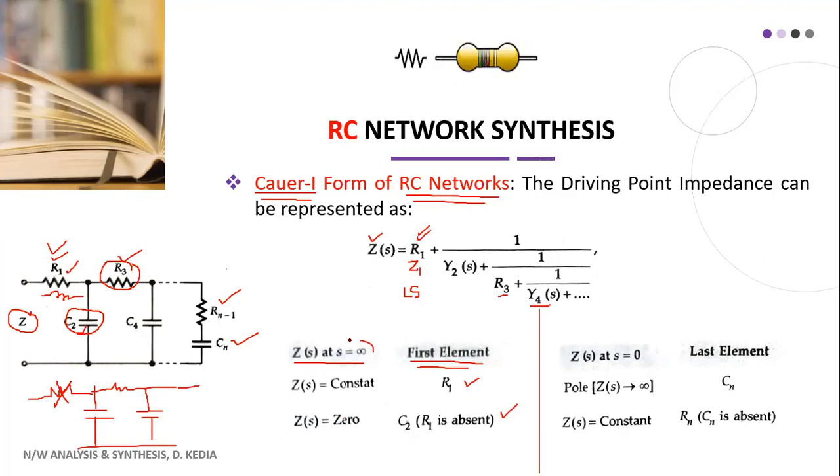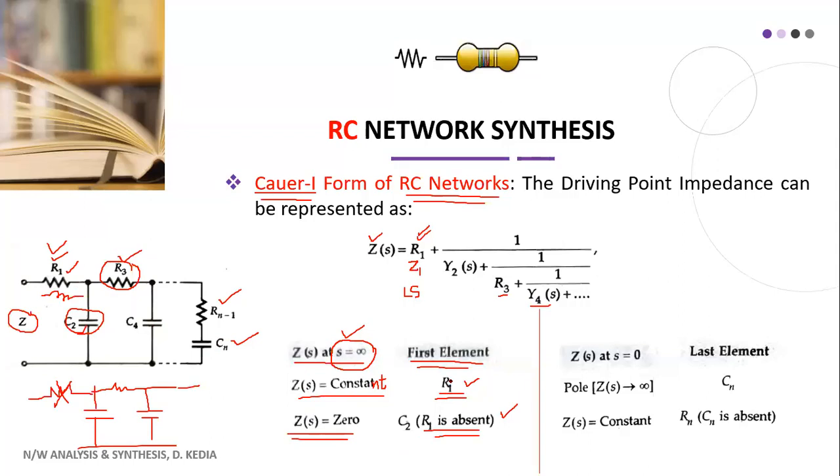Yesterday I told you the procedure. We have to substitute s equal to infinity. If Zs is constant for s equal to infinity, then R1 is present, and if Zs is 0, then R1 is absent. This is very clear, because resistance is represented by a constant value. If a constant value is present, resistance is present. If it is 0, resistance is absent.